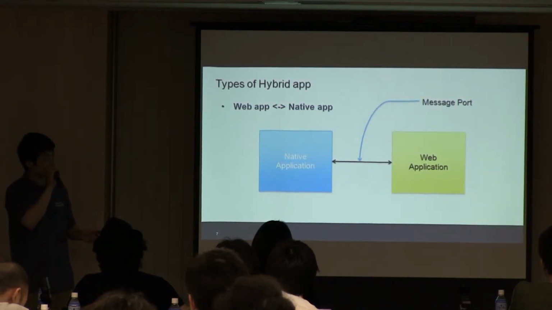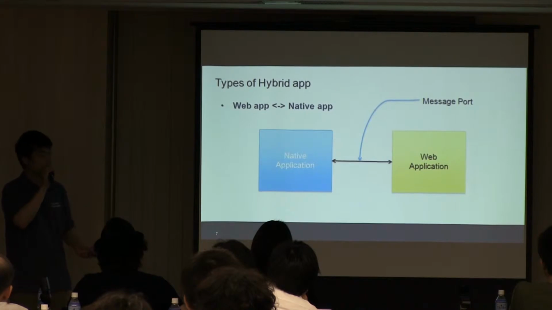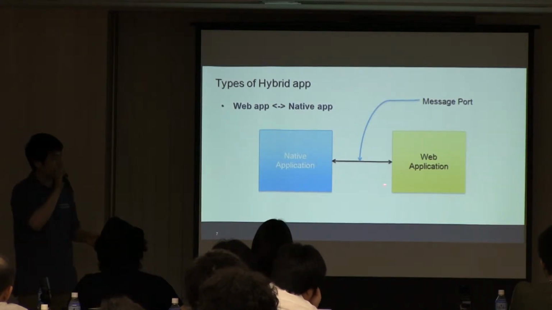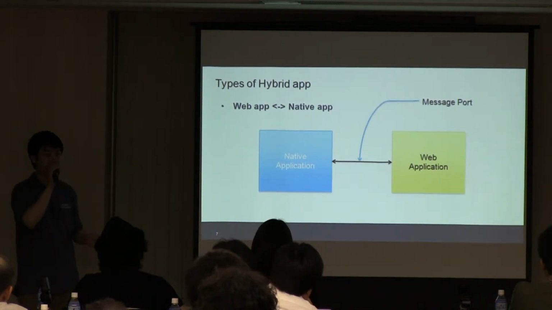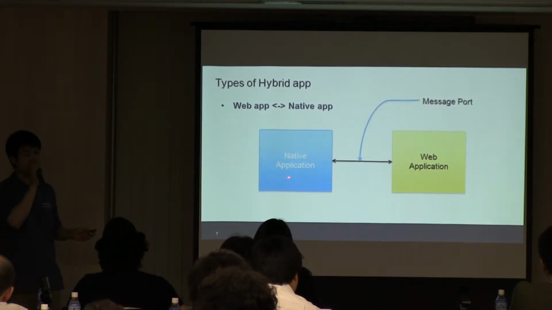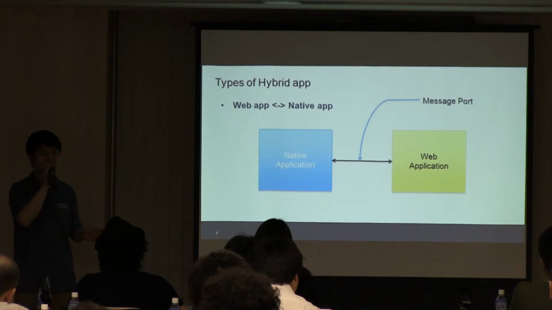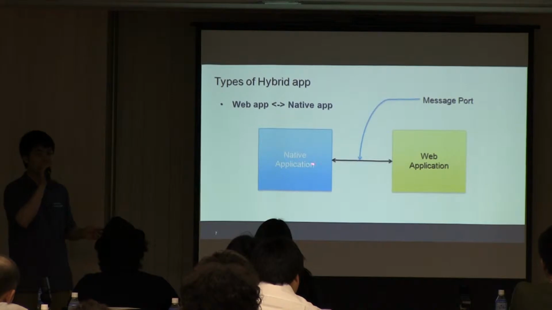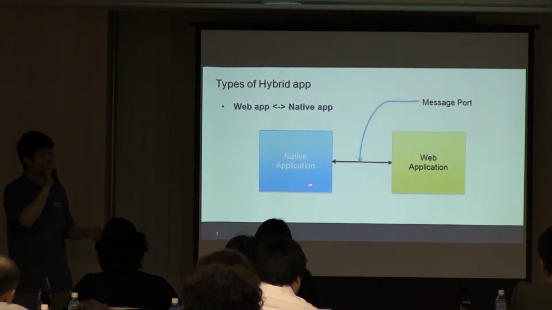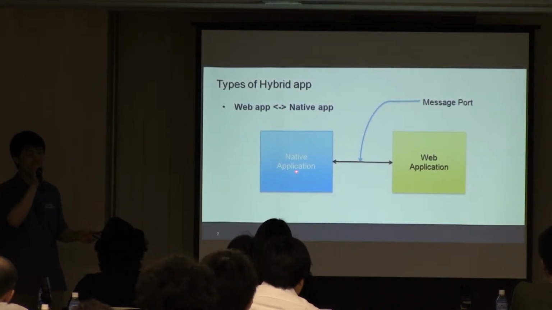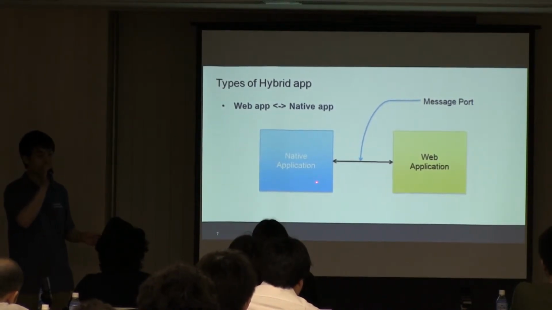Actually, there are two applications organized as one, maybe with a service application. It means you make the UI side, the main side, a web application. You can make a service application, which is a background application, doing some native features, calling native functions, or getting something from the native side.